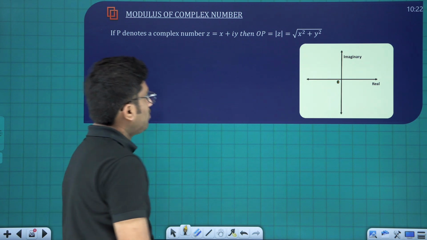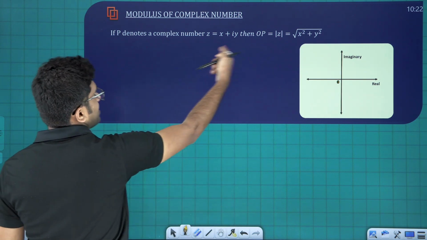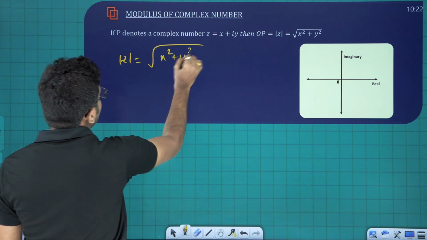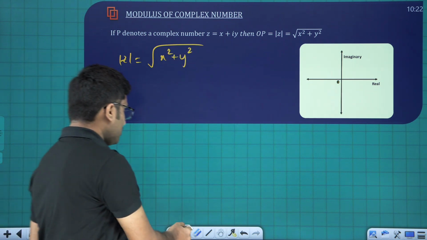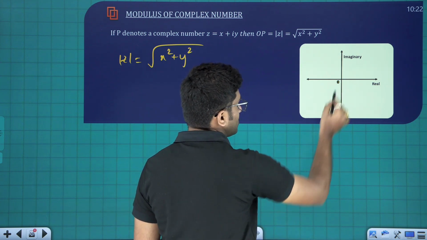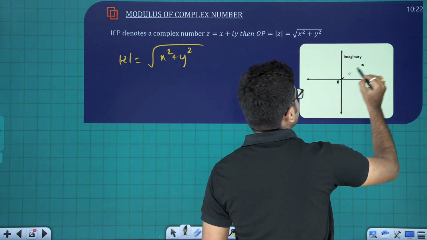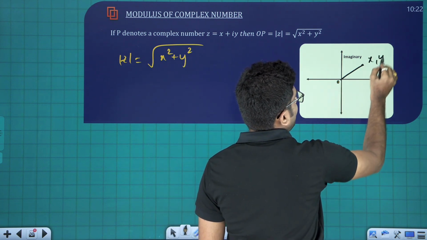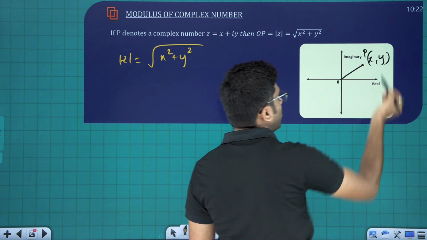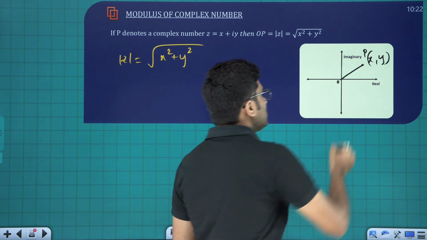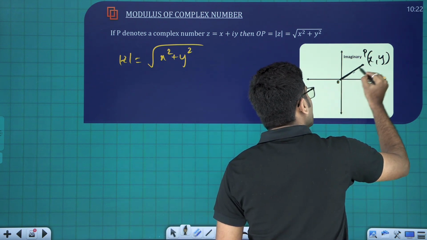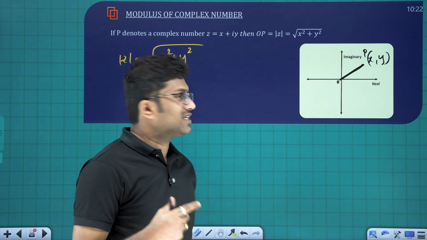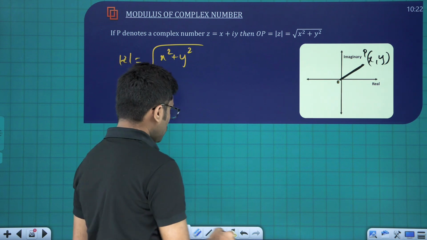Next, modulus of a complex number. If z is x plus iy, then the modulus of z is nothing but root over x square plus y square. Actually, the geometrical interpretation of the modulus of a complex number is this: if this complex number z is x plus iy, it is represented as a point x comma y, correct? Now if P is the point x comma y, then the distance from the origin to P, if we join P to the origin, the length of the line segment OP is called its modulus, friends.